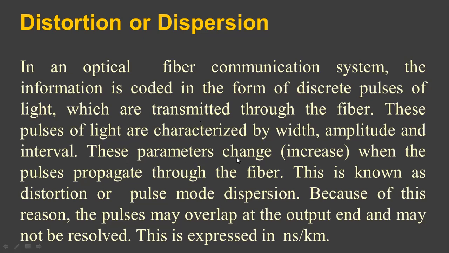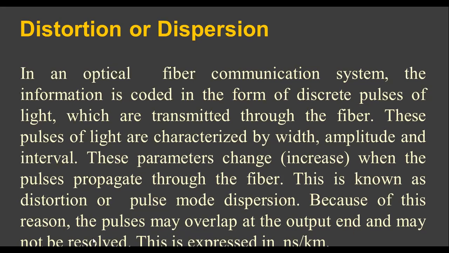These parameters change; actually, they increase when the pulses propagate through the fiber. This is known as distortion or pulse mode dispersion. Because of this, the pulses may overlap at the output end and may not be resolved. This is expressed in terms of nanosecond per kilometer.